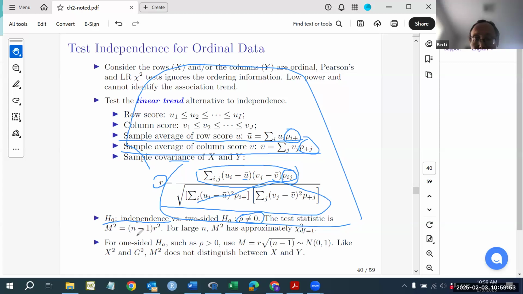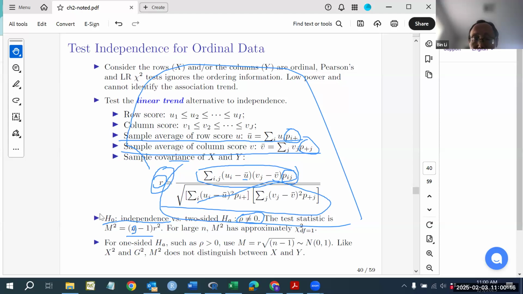So the test statistic is what? It is M squared. So what is M squared? M squared is n minus 1 times r squared, where r is this one. So we have the square of r times n minus 1. What is n? n is the total sample size.